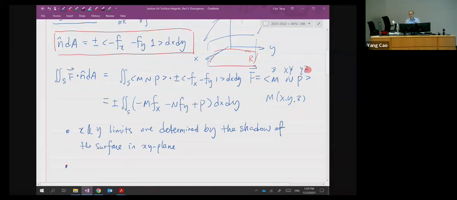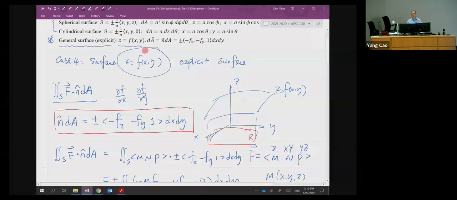So if I plug in the M, N, P over here, then guess what? You will have a z variable showing up in this bracket. But then you don't have dz here. So what are you going to do with z? You cannot keep the z there, otherwise you won't get a result out of this double integral. So you have to get rid of that z. How do I get rid of the z?